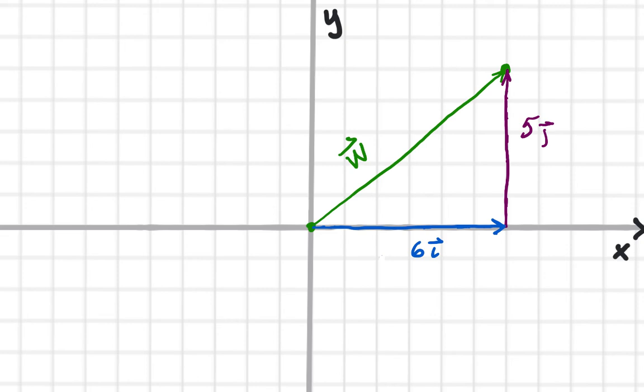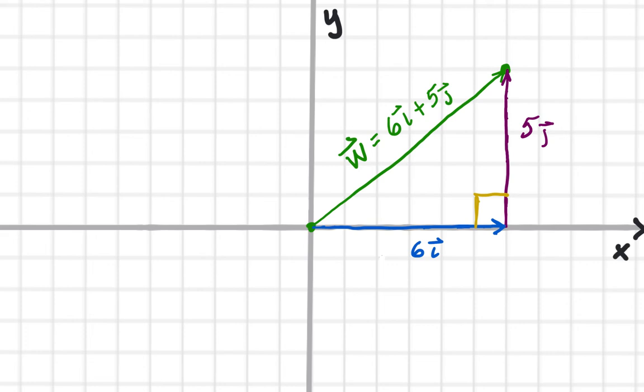When I add them together, I get a right triangle, and I can do some calculations now. And in fact, those unit vectors define vector w. Vector w is 6 times vector i plus 5 times vector j. It is the resultant of adding the two vectors that I drew there in i and j.